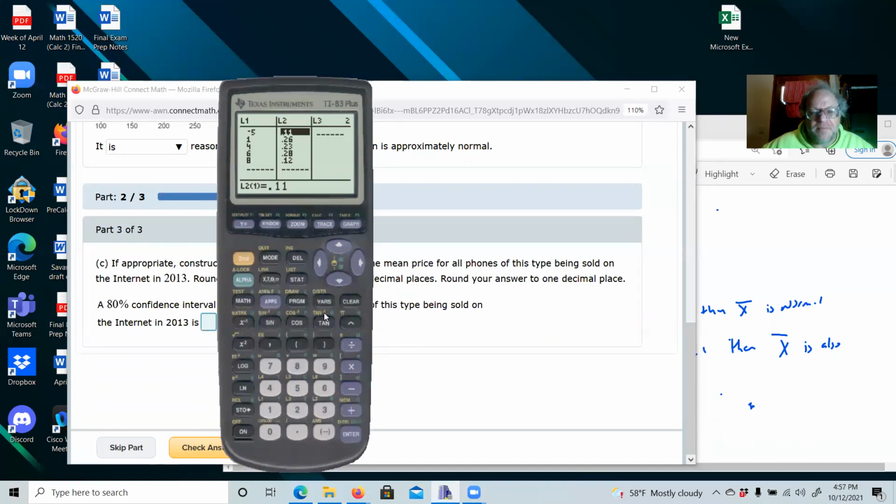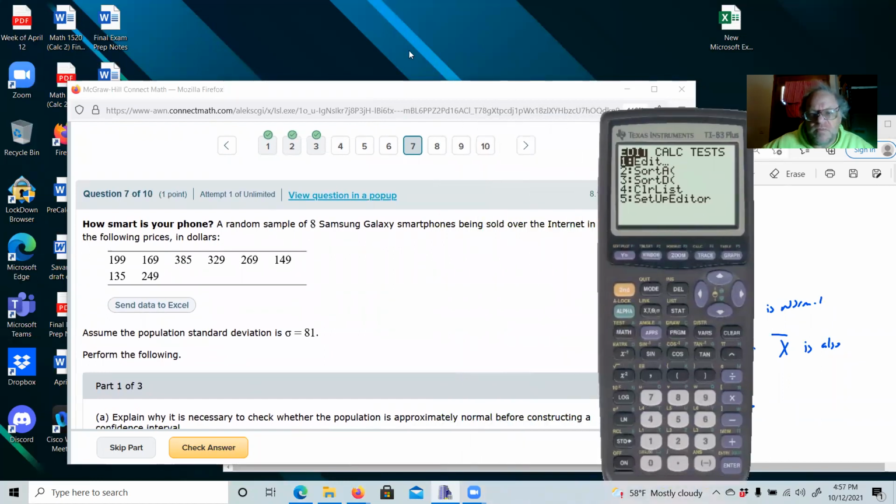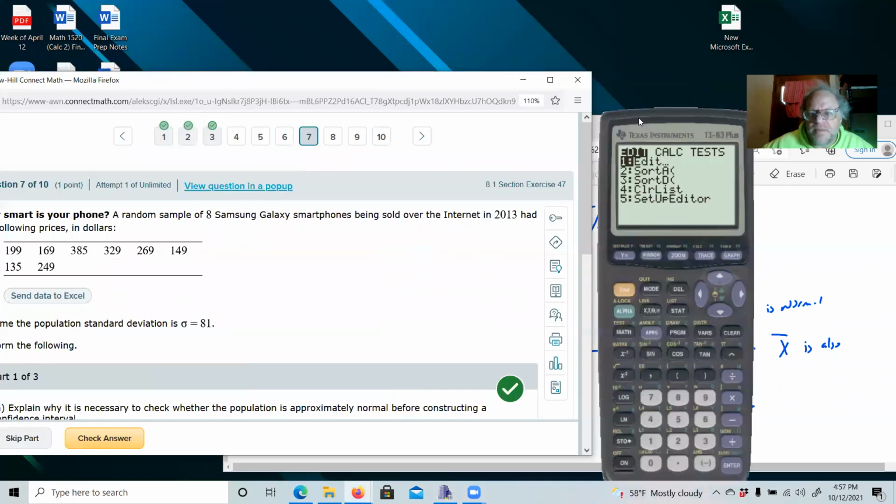I better clear those out. So stat, we're going to clear our lists: clear list 1, comma, clear list 2. There we go, done. And then we're going to enter these numbers into our calculator so that we can have a reasonable confidence interval problem here.